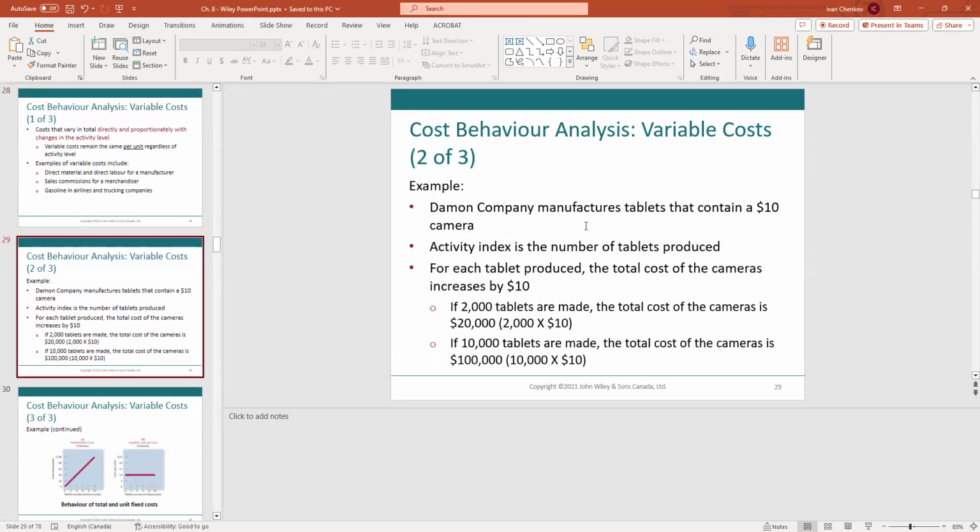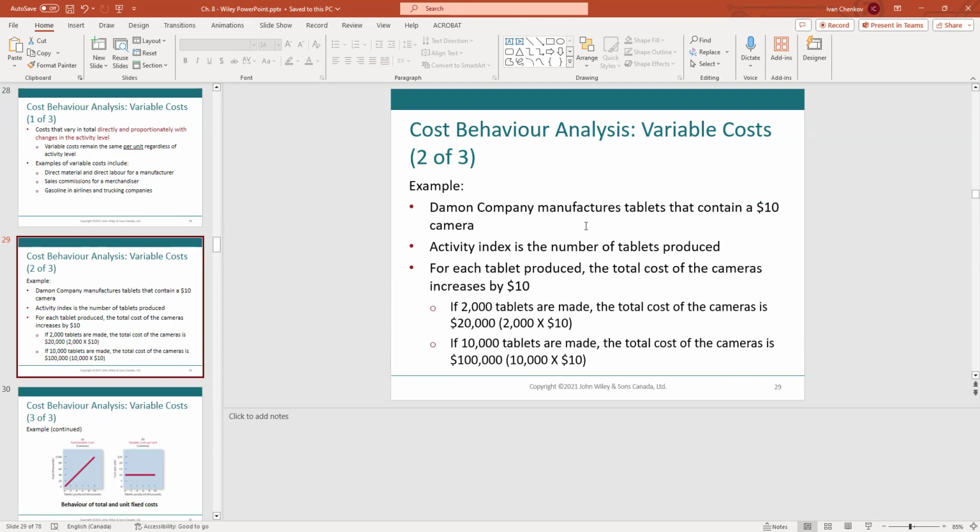The example here is a company that manufactures tables which have a camera that costs $10. Now what drives the cost is the number of tables produced, because for each table, we have to install that camera, which costs us $10.